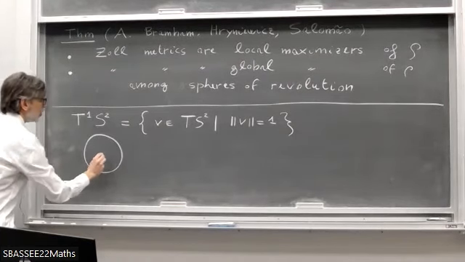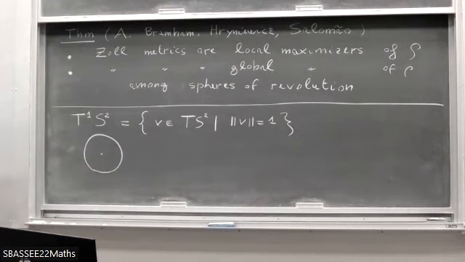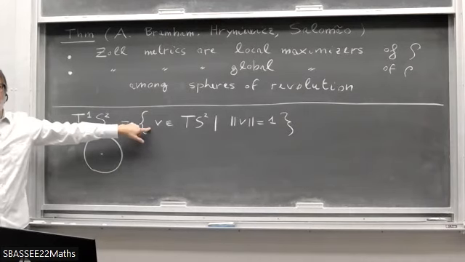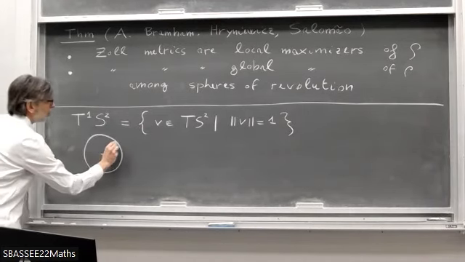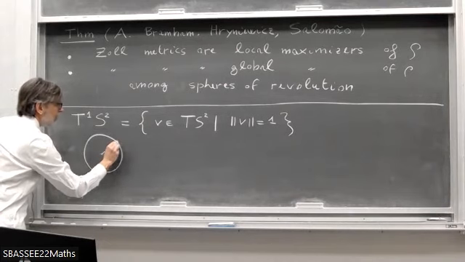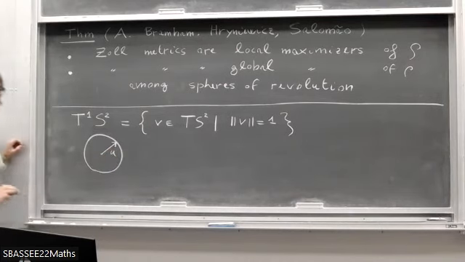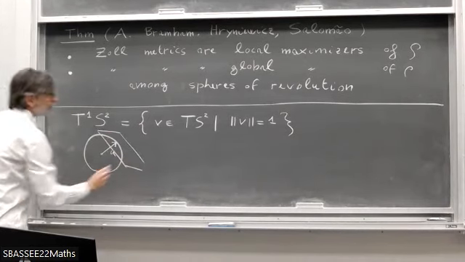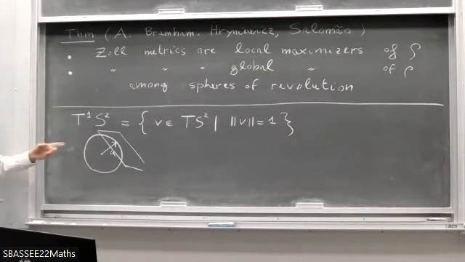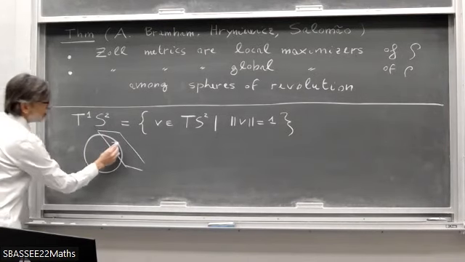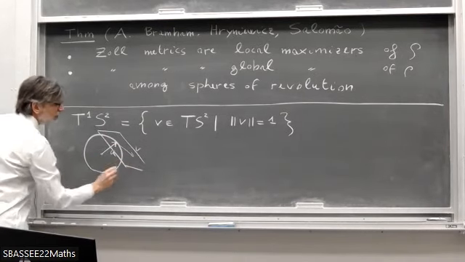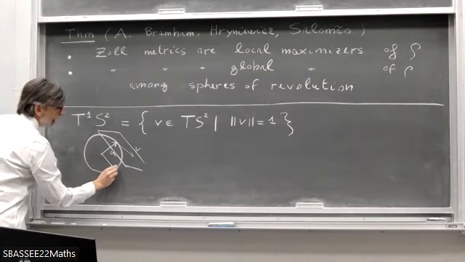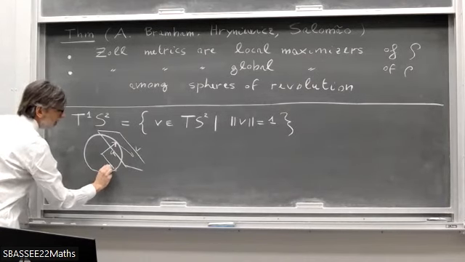Let's do it for the round metric. Then, of course, the topology will not depend on that. So how do we determine such a unit vector? I have to choose a point on my sphere, which gives a first vector, and then I have to choose a tangent vector, which is a vector orthogonal to it.